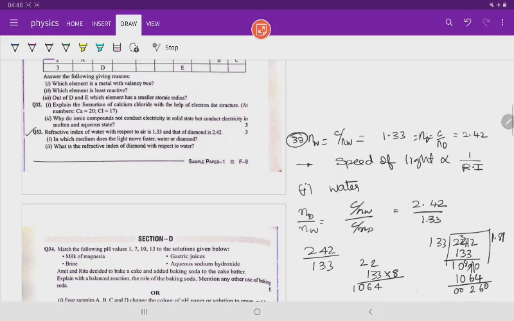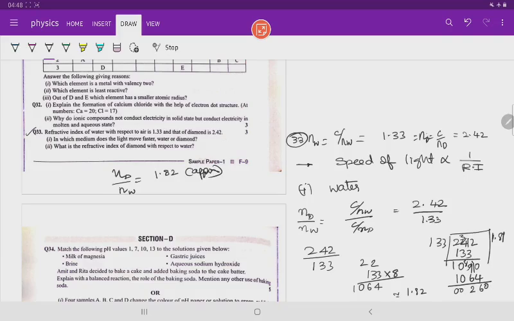Okay, so it is approximately equal to 1.82. You get 1.82 or 1.81, both are correct. So Nd by Nw is approximately 1.82.